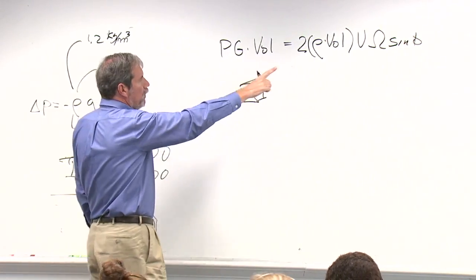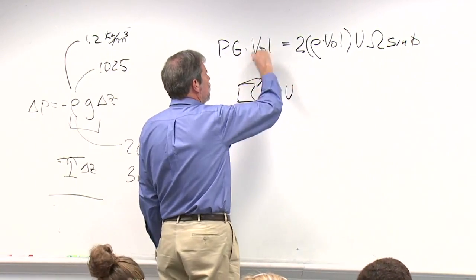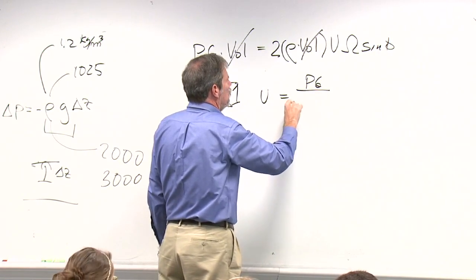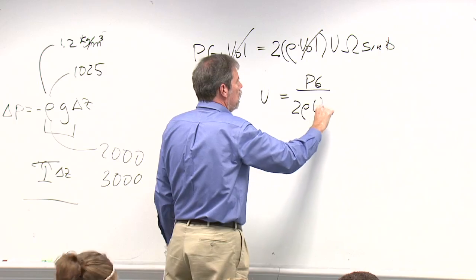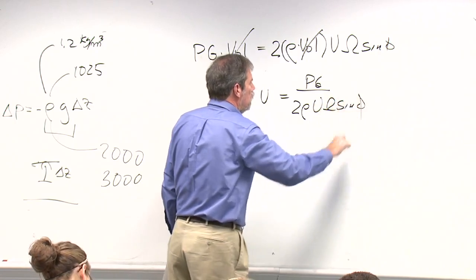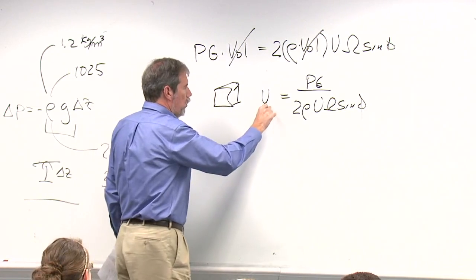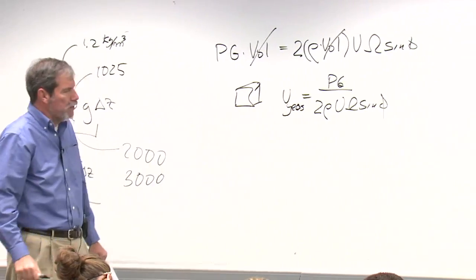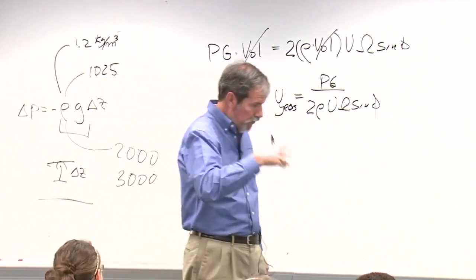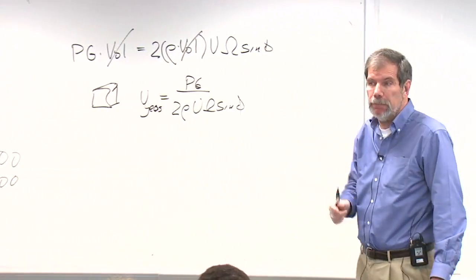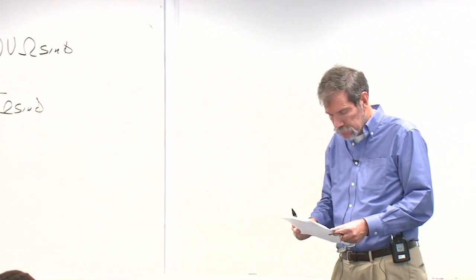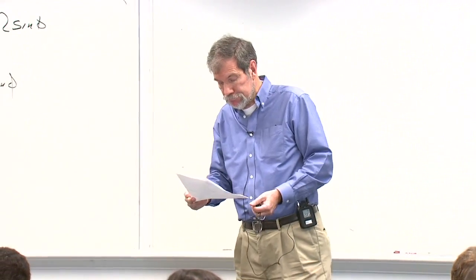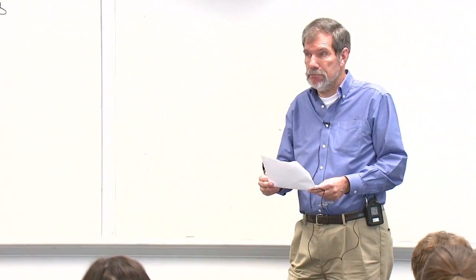So having equated those and solving for u and canceling out the volumes, I get the pressure gradient over 2 rho omega sine phi for the speed of the geostrophic wind. And the direction, of course, depends on the hemisphere, but along the isobars. Applies to both the atmosphere and the ocean. So, any questions on that?